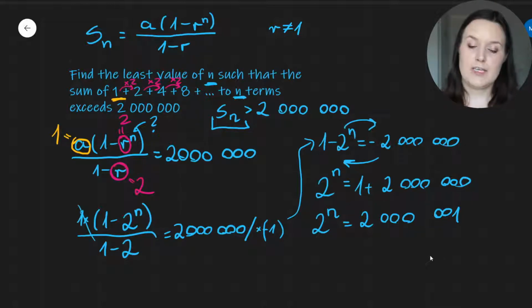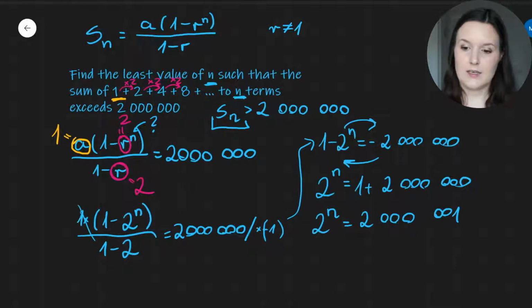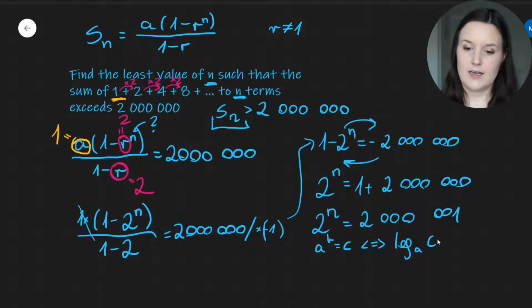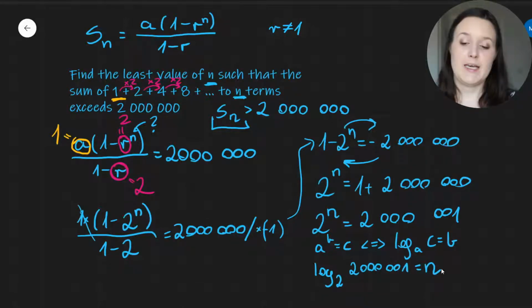To solve it, we can just write down that a to the power of b is equal to c if and only if logarithm base a of c is equal to b. So I just write it as a logarithm. So log base 2 of 2,000,001 is equal to n.